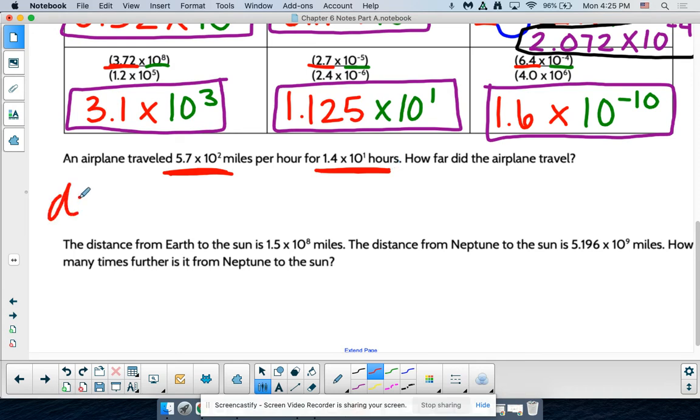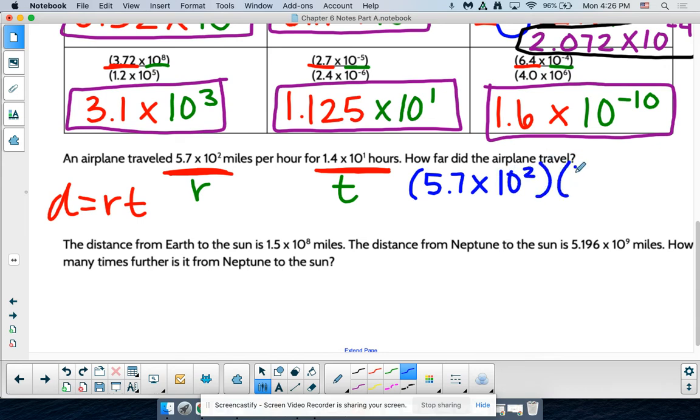So our distance equals rate times time. Here's our rate. Here's our time. So we're going to plug these into our formula. So we're going to have 5.7 times 10 to the 2 times 1.4 times 10 to the 1.